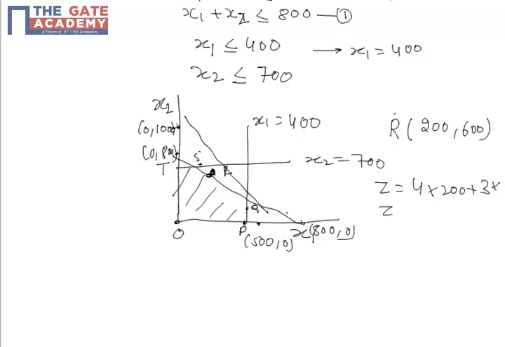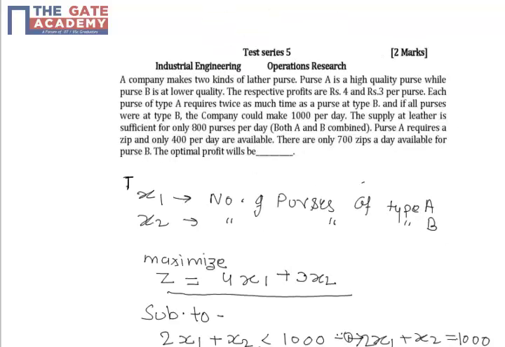So Z is equal to 800 plus 1800, so it is total 2600. So the maximum profit, which we had to find out, is 2600 rupees. Okay, thank you.